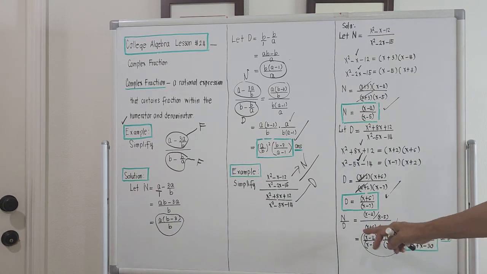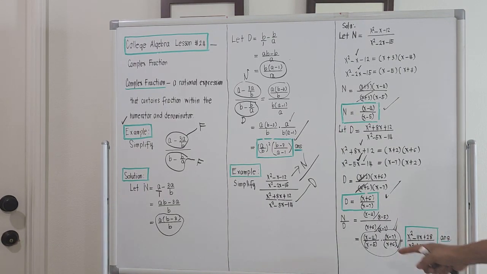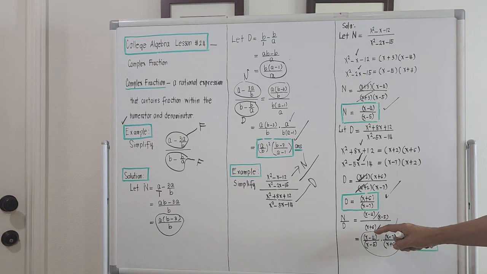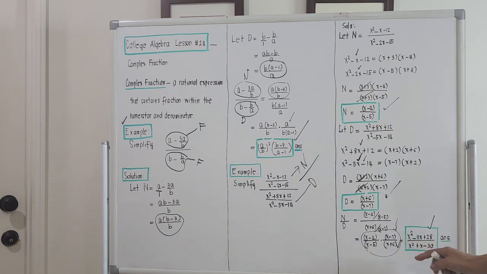If we expand the numerator and denominator, what comes out will be x squared minus 11x plus 28. Minus 4x minus 7x will be minus 11x. So the middle term will be minus 11x. And negative 4 times negative 7 is positive 28. And for the denominator, it's the same. X times x will be x squared.